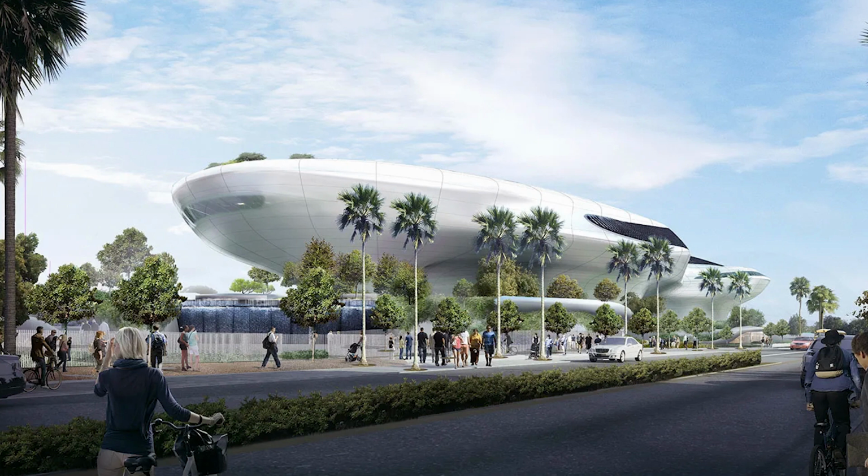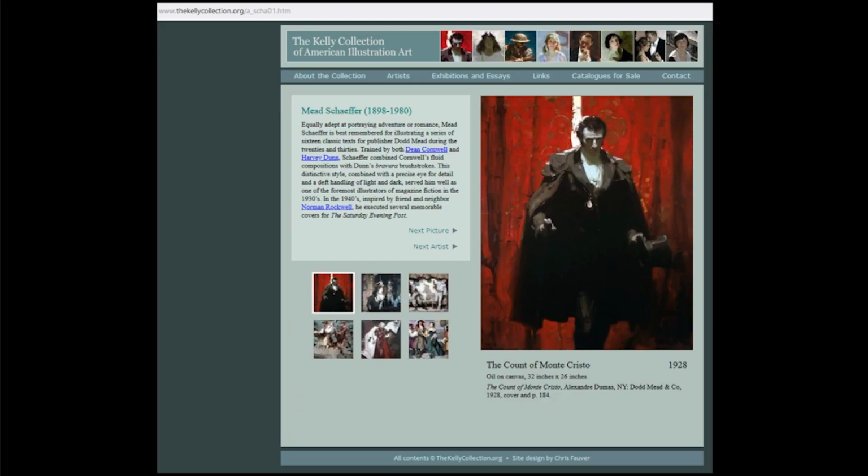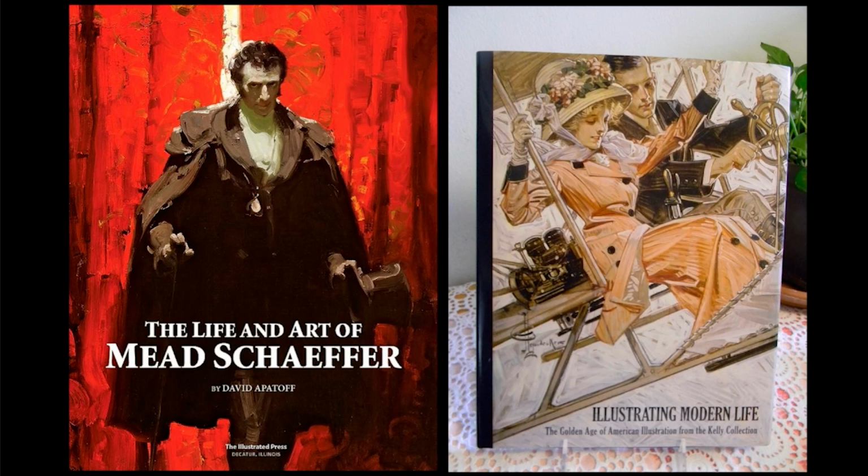So I'm super excited about the impact that this multi-billion-dollar endeavor will have in the narrative illustration field, as well as movies and storyboards and all of that stuff. So really exciting times. And last but not least, this painting is part of those two books, The Life and Art of Mead Schaeffer. It's really hard to find both of them.